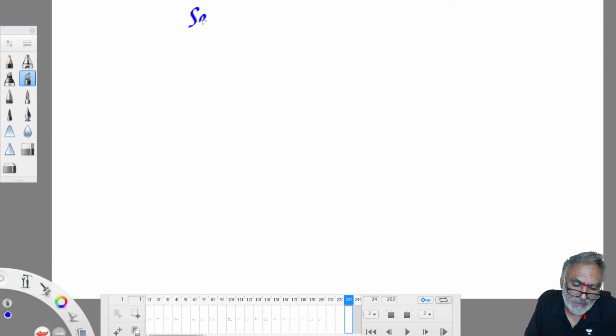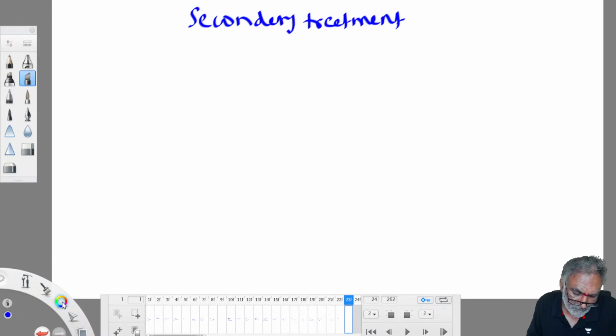Next is secondary treatment. The secondary treatment of wastewater we carry out by two methods.